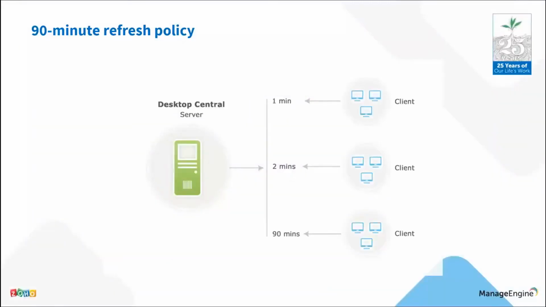All right. We already talked about how agents talk to the server, the different methods and so on. Desktop Central is scalable to manage computers, even up to 20,000 endpoints, even 25 or 30,000 endpoints. This is because of the 90-minute refresh policy. Let me explain how it works.